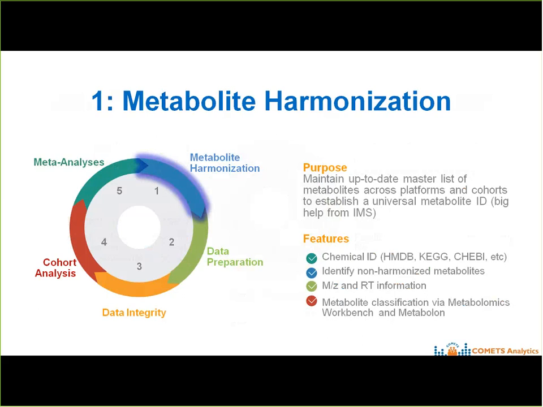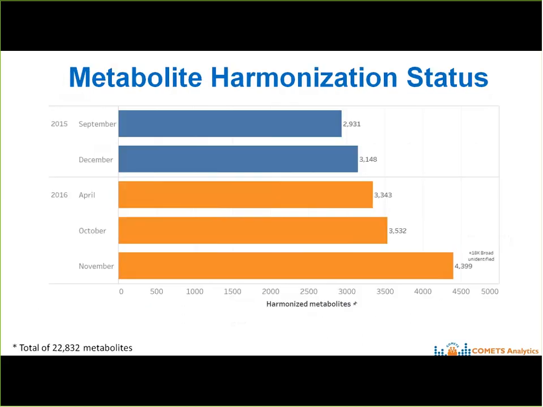And in this process, we are able to have a master metabolite list, which includes important information like HMDB, KEGG, and other metabolite information. We also are able to pull in information from the Metabolomics Workbench to classify the types of metabolites, as well as Metabolon if that data is available for those with Metabolon platform.